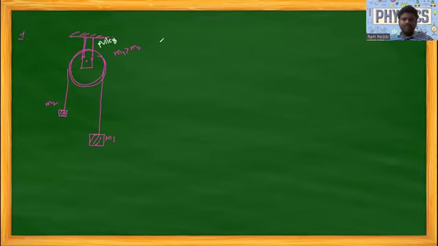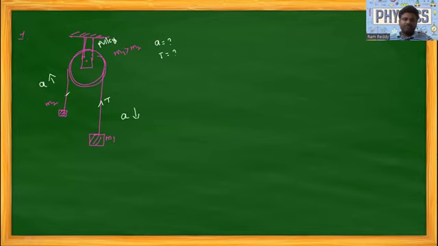Now we need to find the acceleration of the system and the tension of the system. Two things we need to find. For that, according to the steps we just discussed, we have to draw the free body diagram for blocks M1 and M2. First we take M1. M1 is greater than M2, so the acceleration will be downward here and upward there.